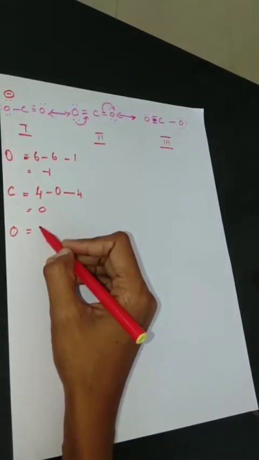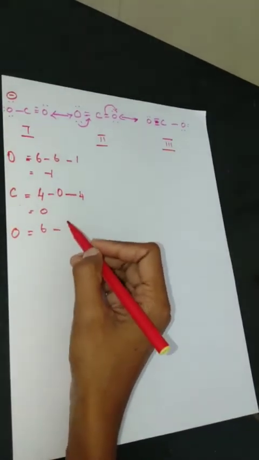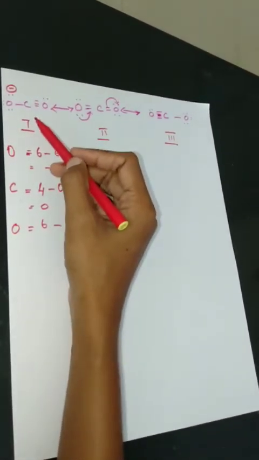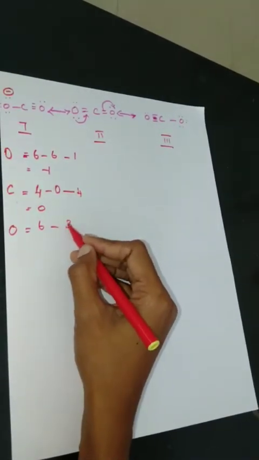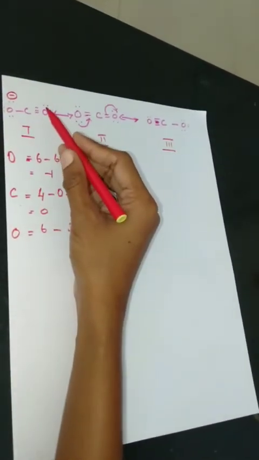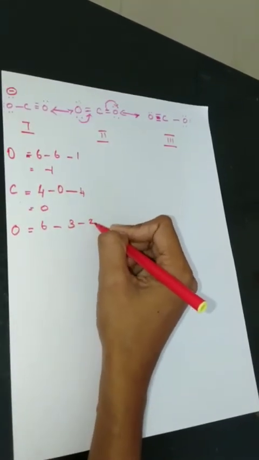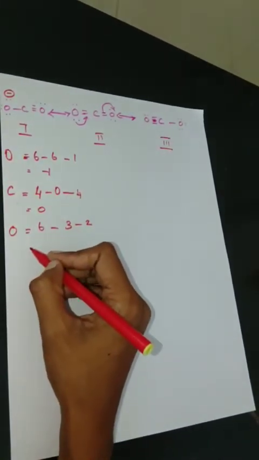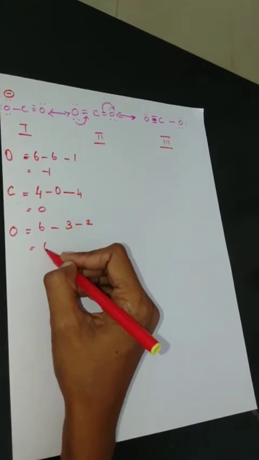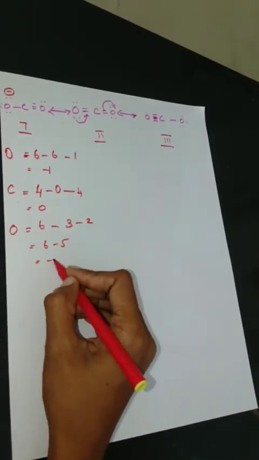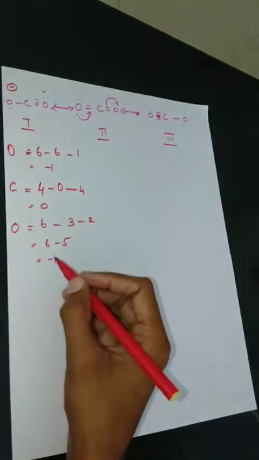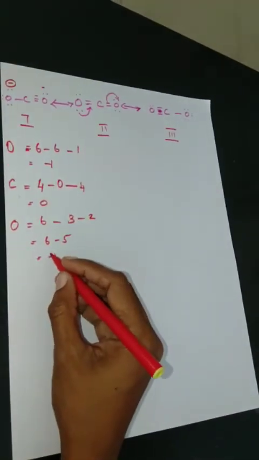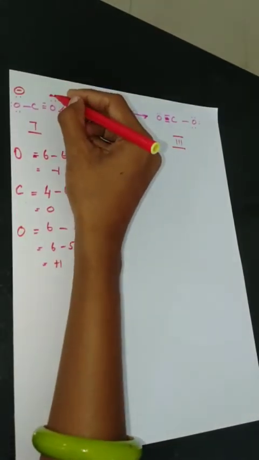We know oxygen has 6 valence electrons, and the bonds are 3, and the lone pair electrons are 2 only. So the answer is 6 minus 5, plus charge. So we put a plus charge here.